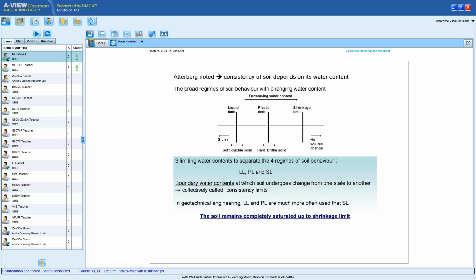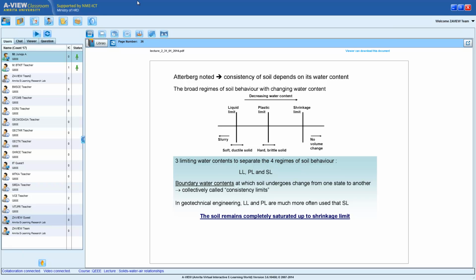Sir, yes, sir. Some sectors, sir, there is a liquid limit in the soil and in the plastic. But suppose, sir, the water content is more than the liquid limit. Then, sir, what is the effect on the shear strength of soil? Yeah, look at it in a way. The void ratio is also changing.